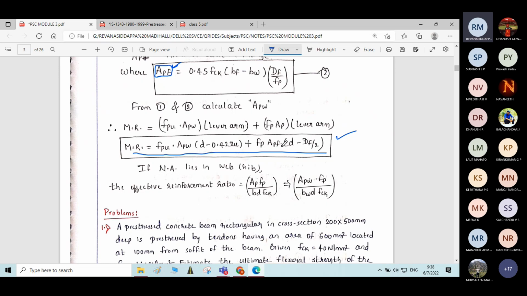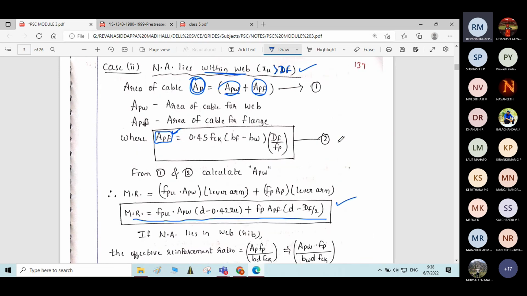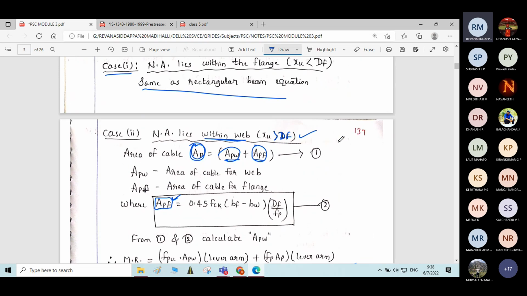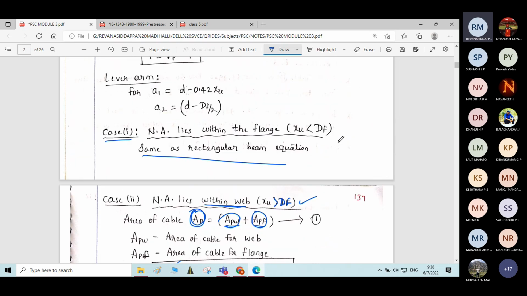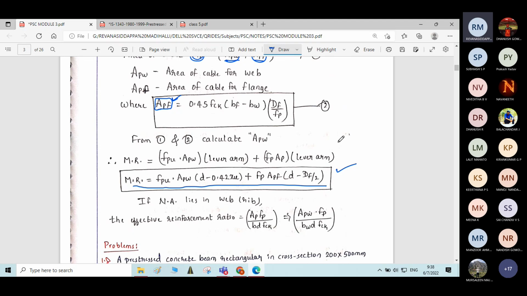Substituting this in this equation, you will get the moment of resistance. So this is how we find moment of resistance of a flanged section with the depth of neutral axis lies within the web. I hope you got some idea on finding the moment of resistance of a pre-stress concrete beam. If you have any doubts in this explanation, you can ask, students.